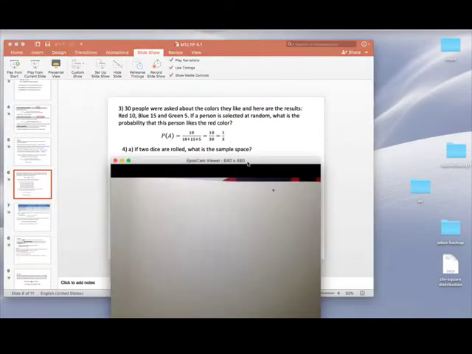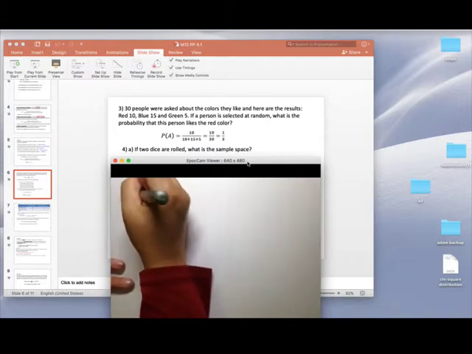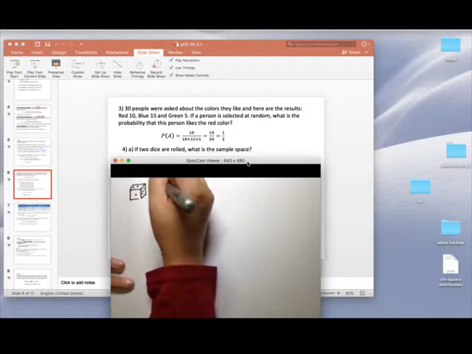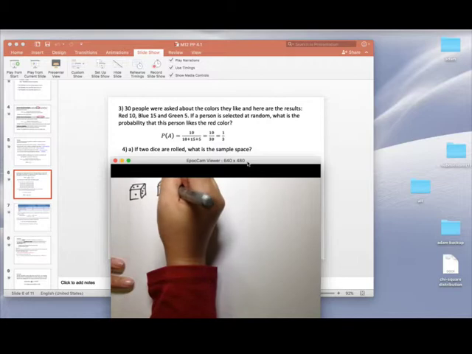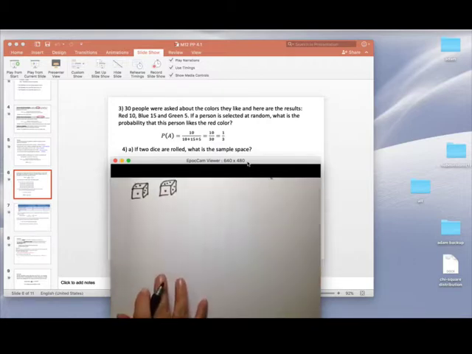Okay, I'm going to give you guys here, so now I have 2 dice here. I want you guys to write out the sample space.